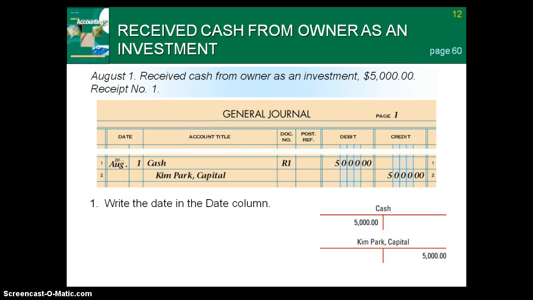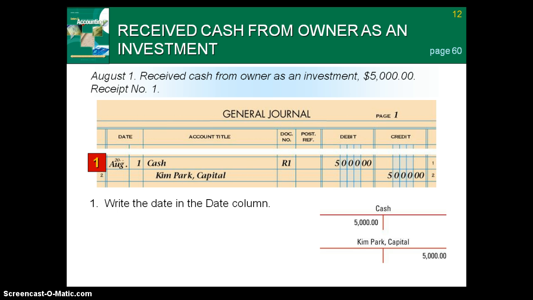So the first thing we're going to do, we're going to write the date. The year is always listed above the month. The next column over is the actual date. So like today is September 5th. So you would put 2014 September in the first column, then 5 in the second one. Cash is our debited account, so it's right up against the line.